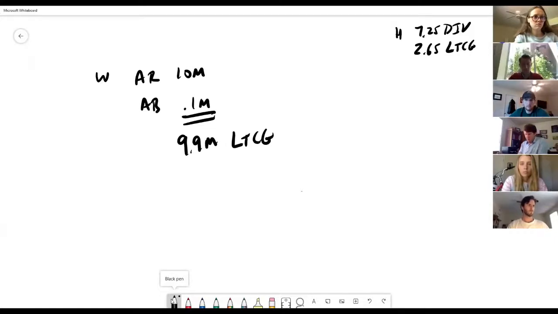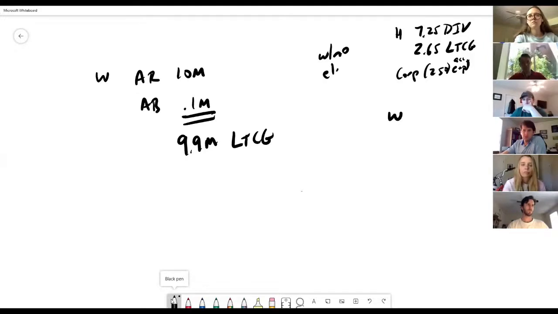So W has 9.9 million of gain. I should put up here that the corp was going to have 250 of E&P deficit, just to close the loop. So this is with no election. Here is with the election.